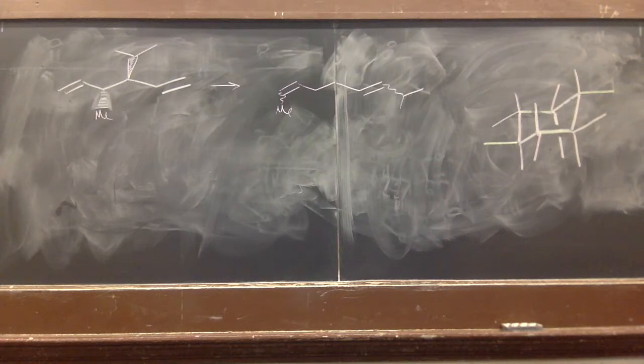And so one of the first things that we want to do in these problems, to make our lives a little bit easier, is to take this molecule and start making it look a little bit more like a 6-membered ring. So that's the first thing.